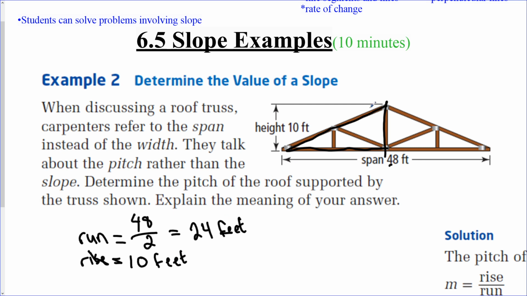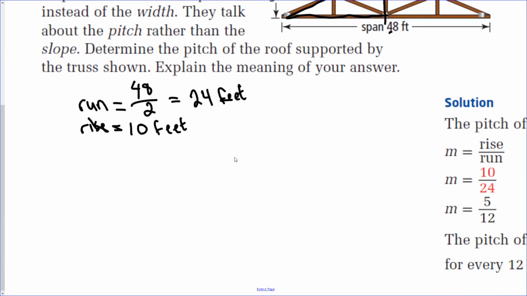So now I want to figure out my pitch. The pitch is another name for slope, so pitch is equal to slope, which is equal to rise divided by run.